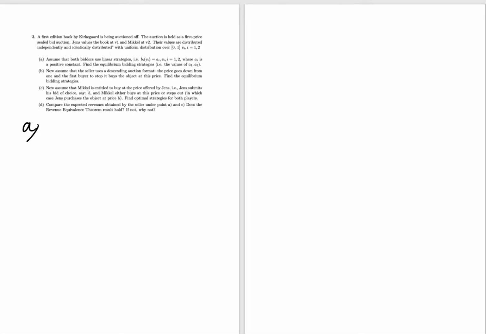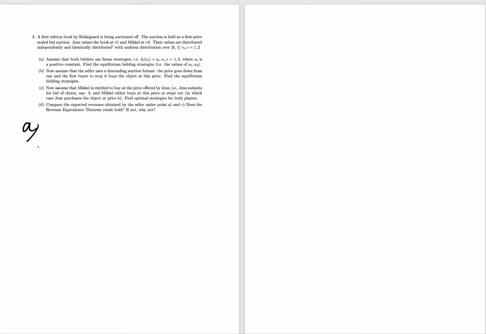So the first thing that we need to be aware of here is that we are asked to assume that both bidders use linear strategies, which means that we have a bid which is dependent on the value, and then we have the linear strategy, which is A_i times V_i, where i is either player 1 or player 2, because we have two bidders here.